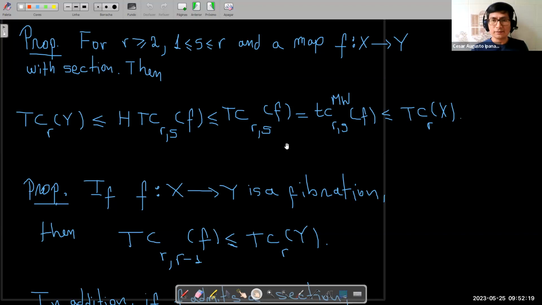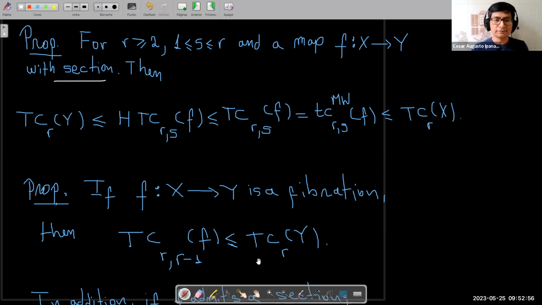This inequality holds for any map f with a section: our higher TC is between the Rudyak TC of the domain and the Rudyak TC of the domain, is between them. It is also possible to show that our TC in this case coincides with the higher Murillo and Wu TC.